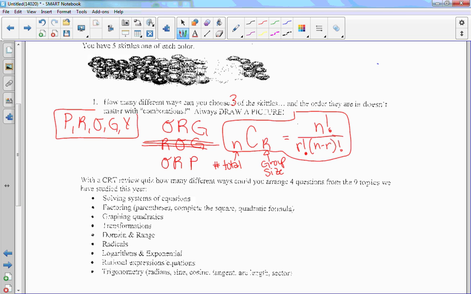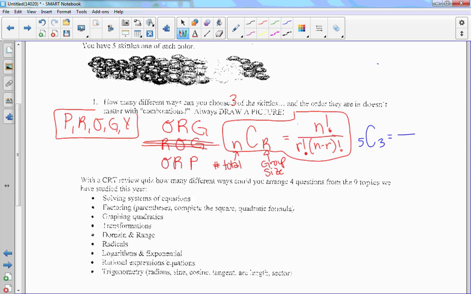Okay? So if we were to write this out by hand, what would my n be? How many schools do you have to choose from? 5. We have 5 different colors. We're choosing how many in our group? Okay. 5 choose 3.